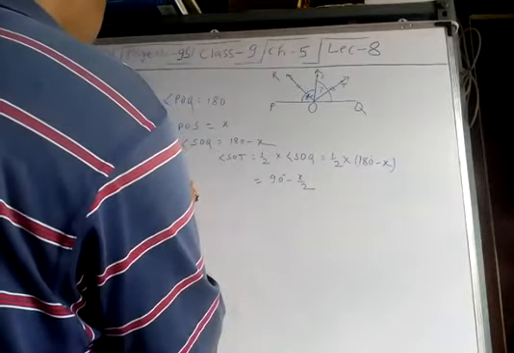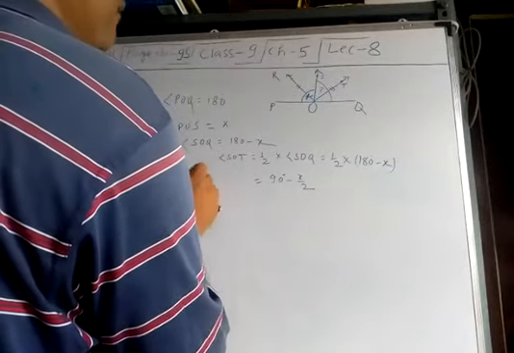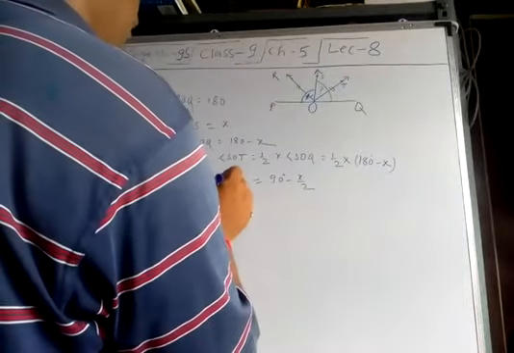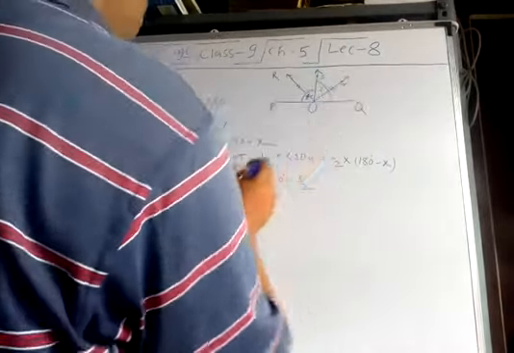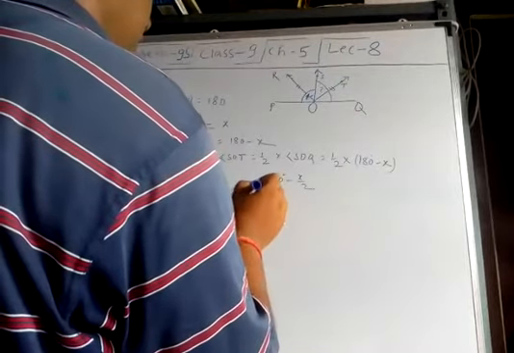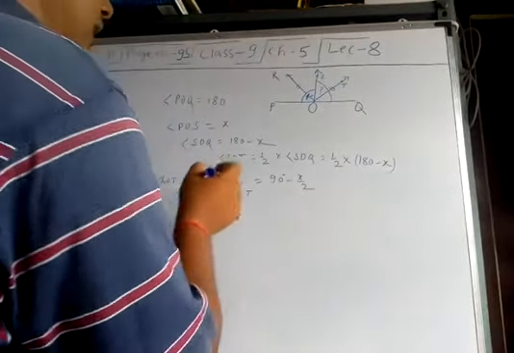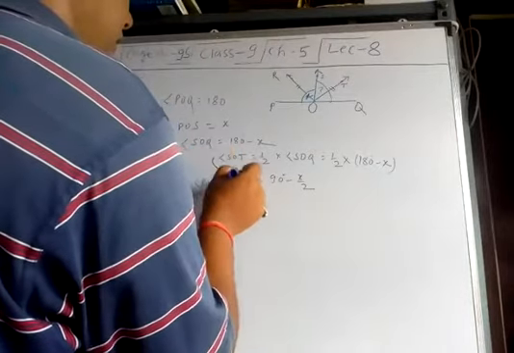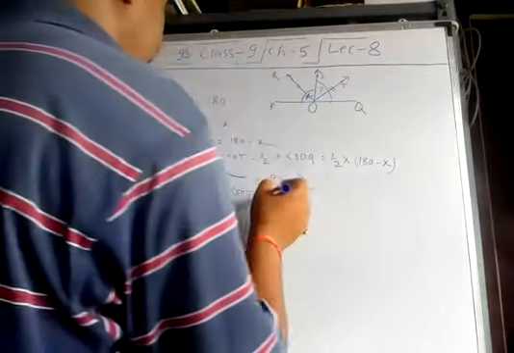Angle ROT is equal to angle ROS plus angle SOT. We have just found the angle SOT, so we need to find the angle ROS.